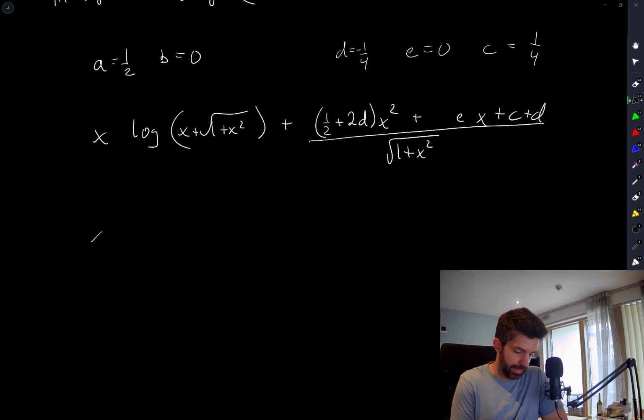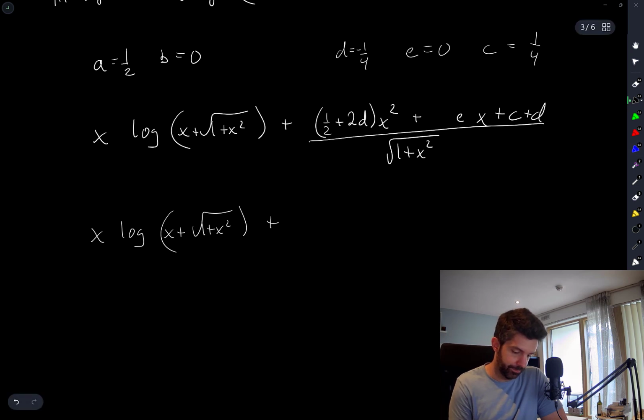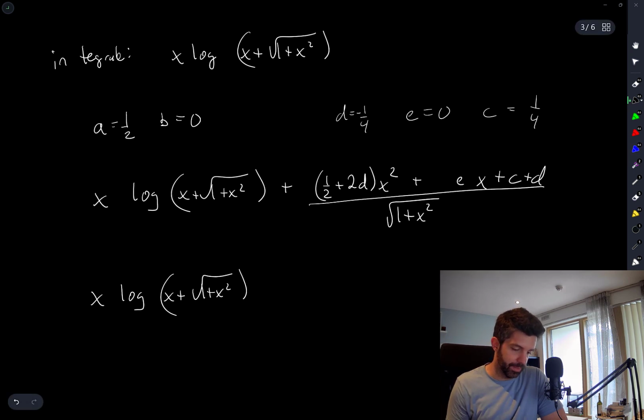Right, because then I'll have x log of x plus square root of 1 plus x squared plus, well, this will all be 0. Then the antiderivative of this will be the original expression with those constants subbed in.